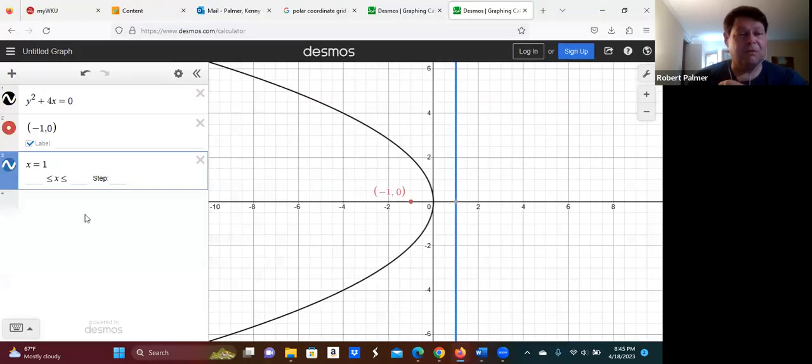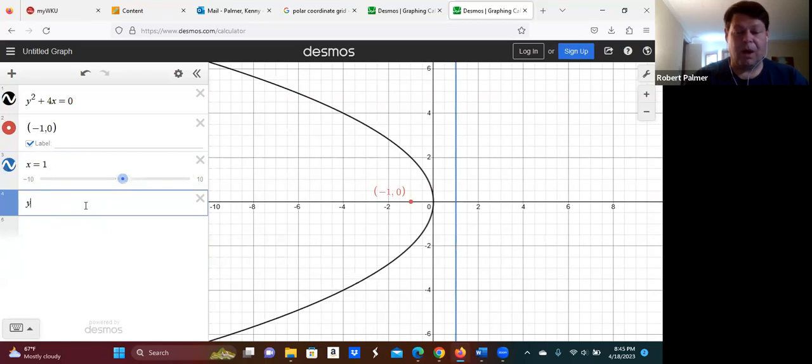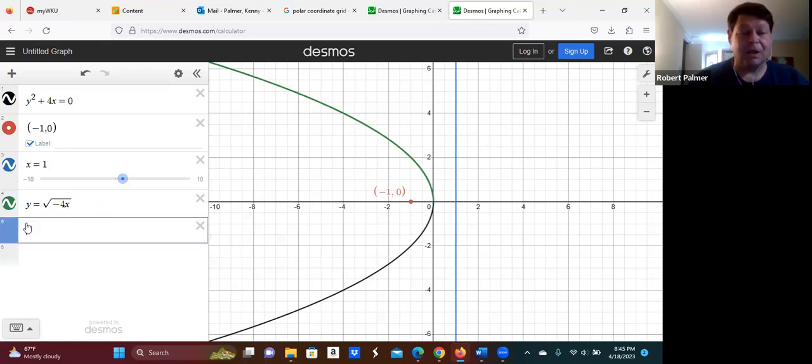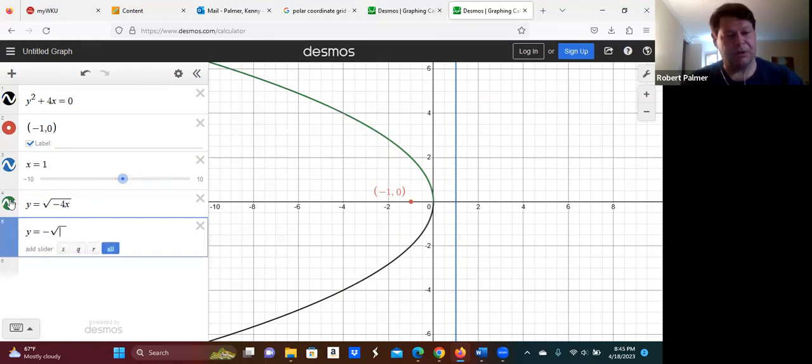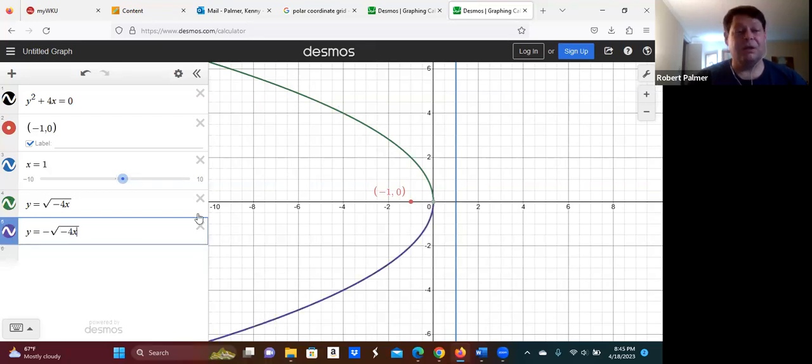If you graph y equals the square root, so just type sqrt of -4x, you get the top version. Then if we do the same thing with a negative in front, y equals negative square root of -4x, you get the bottom half. So a graphing calculator might do it like that. That gives you the same graph. Okay.